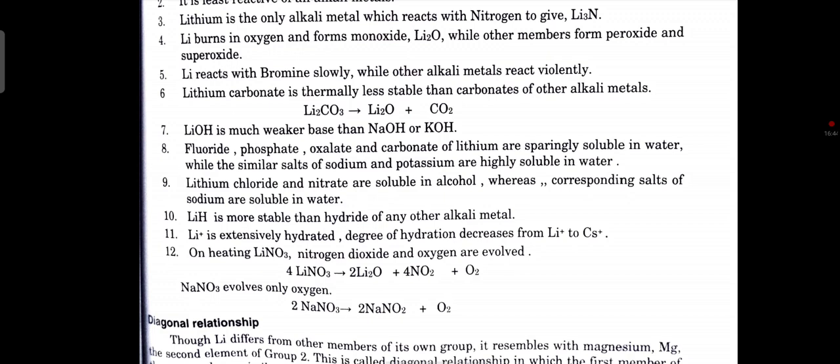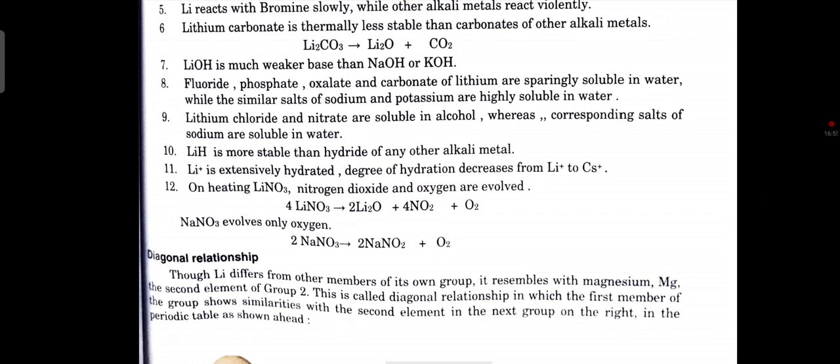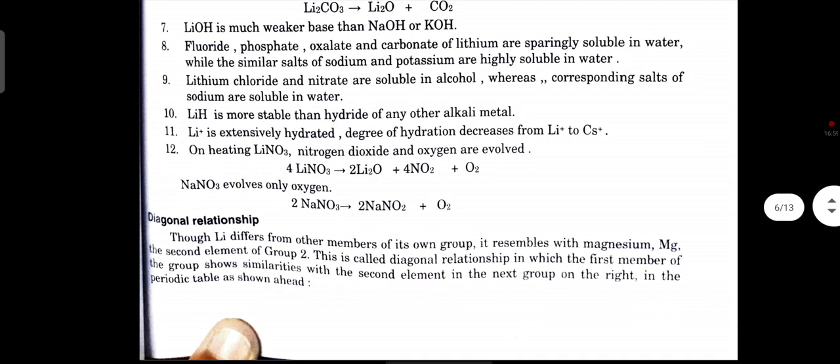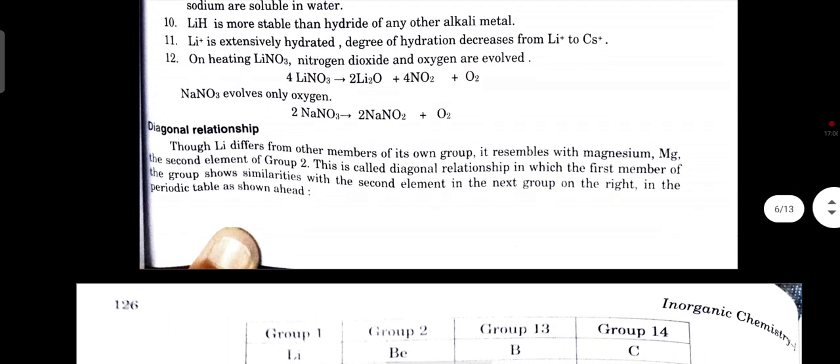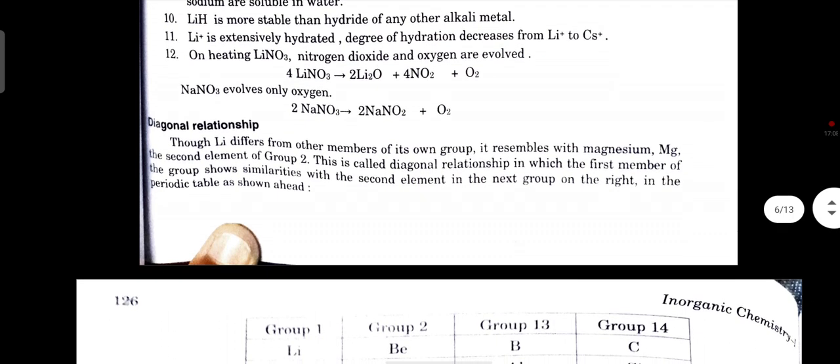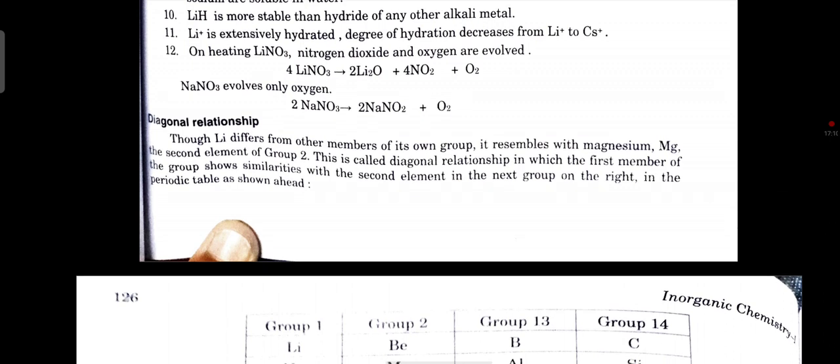The fluoride, phosphate, oxalate, and carbonate of lithium are sparingly soluble in water, while the similar salts of sodium and potassium are highly soluble in water. Lithium chloride and nitrate are soluble in alcohol, whereas the corresponding salts of sodium are not. LiH, lithium hydride, is more stable than the hydrides of other alkali metals. Li+ is extensively hydrated.